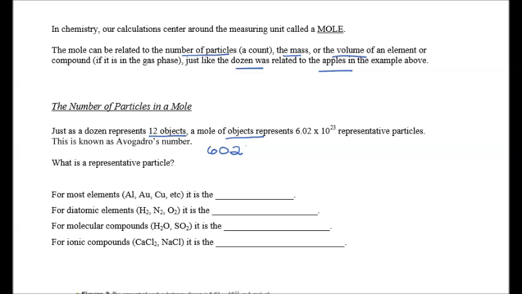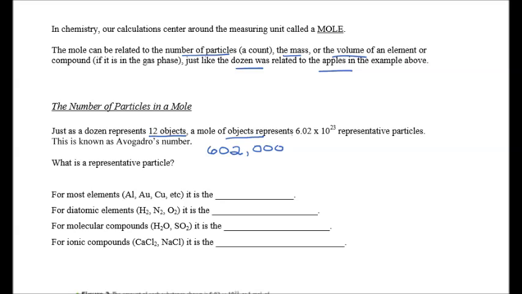But a mole does not equal 602. But what if I said a mole is equal to 602,000? So if I had a mole of marbles, I would have 602,000 marbles. Just like if I had a dozen marbles, I would have 12. But a mole is not 602,000 either.